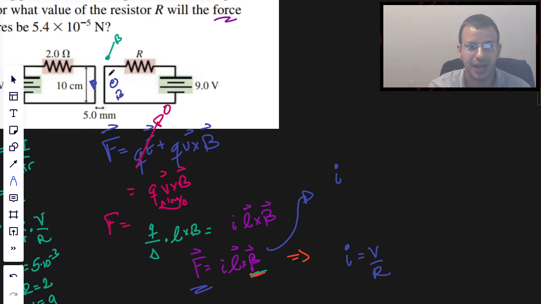So the magnetic field is coming out of the page, and the current in the right wire is going down. Those are perpendicular, therefore the magnitude of the cross product involves the sine of the angle between the two vectors. Sine of 90 degrees is 1, so we basically just ignore it. So it's going to be force equals I L times B.